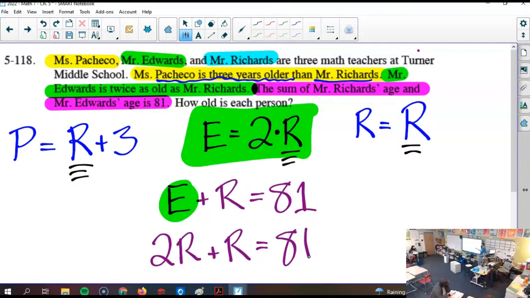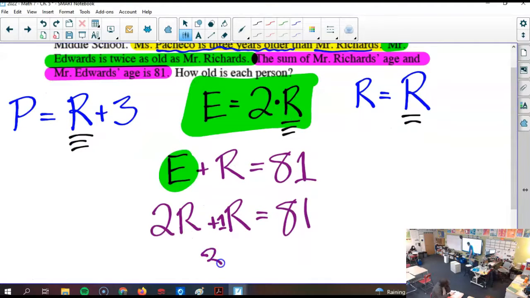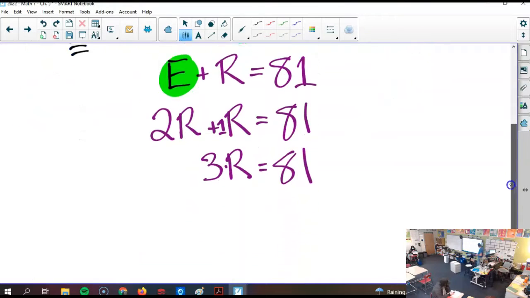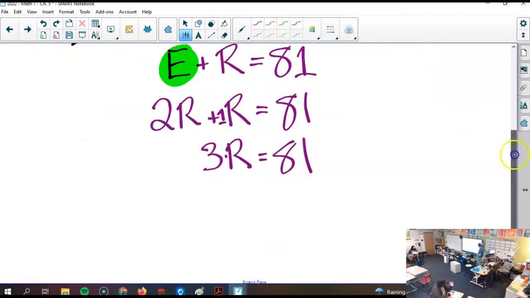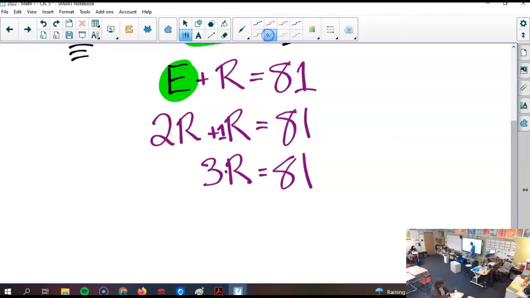2R plus R. What's 2R plus R going to give us? 3R, because this is actually 1R. So if 3 times Richards' age is 81, how could I figure out Richards' age? Careful, we're going to divide by 3.